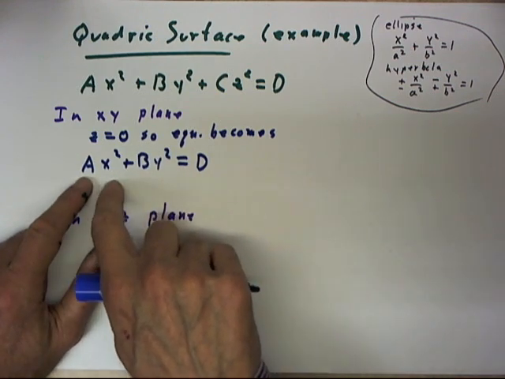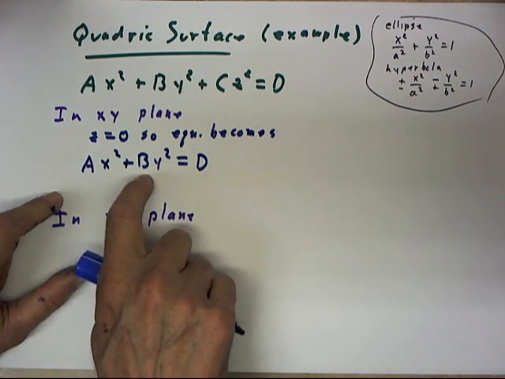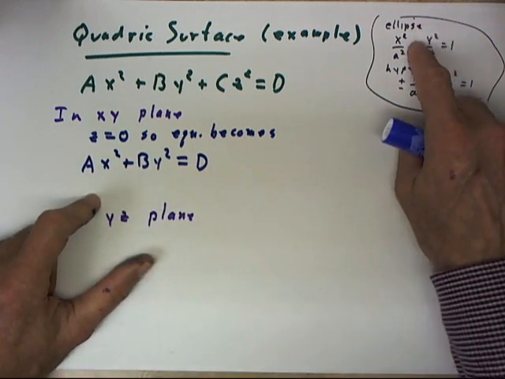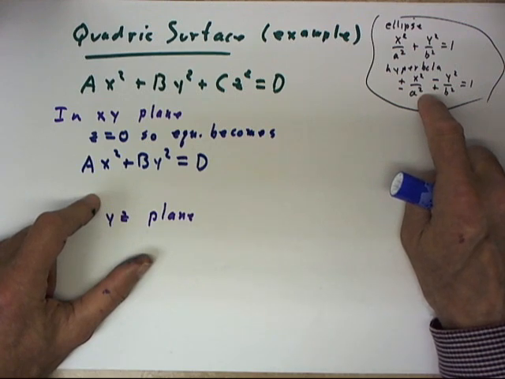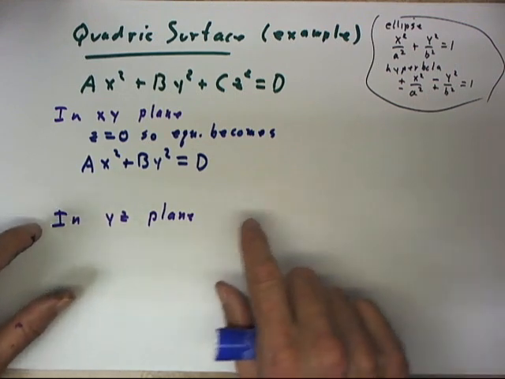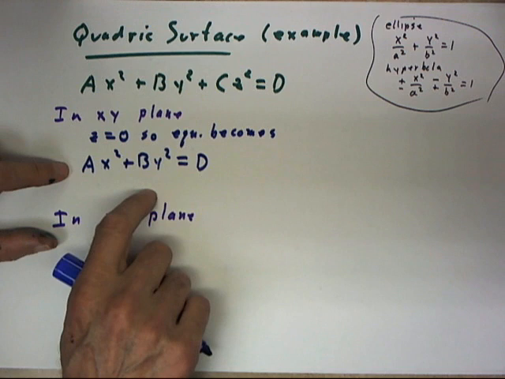The relative signs of A and B determine whether this is an ellipse or a hyperbola, and if it's a hyperbola, that indicates the direction in which the hyperbola opens.